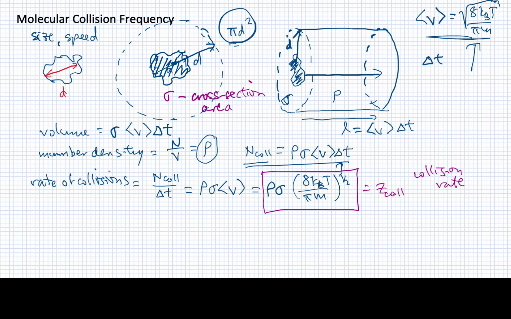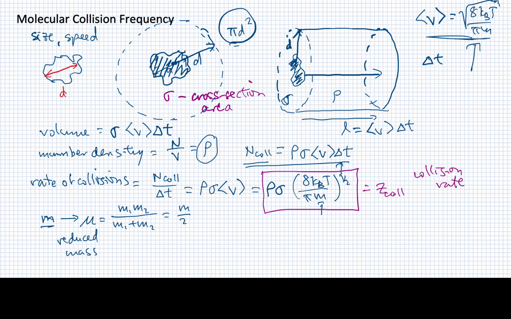The basic idea is that we're going to take our mass that appears here in this result, and we're going to exchange it for something called the reduced mass. This is the way we can account for these other molecules moving. The reduced mass is simply going to be the product of the two masses of the particles divided by their sum. And if these two particles are the same, I think it's pretty easy to convince yourself that we're just talking about m over 2.